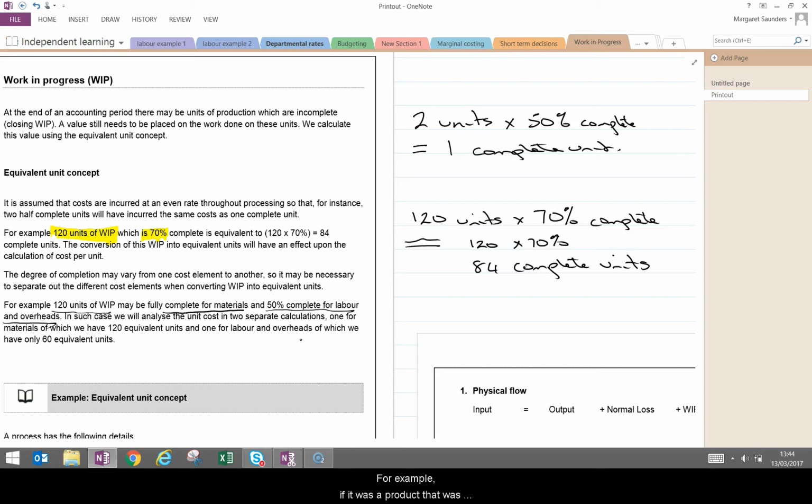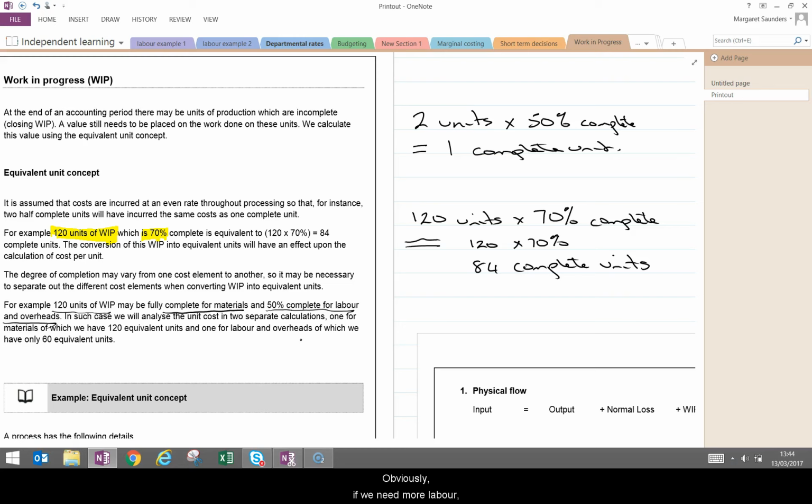So for example, if it was a product that was made up of a number of components, you may have all the components you need, so you've got all the material, but the components need to be assembled, so you need some more labour. And at the moment they might be 50% assembled. So another 50% of the labour would allow you to finish the units.